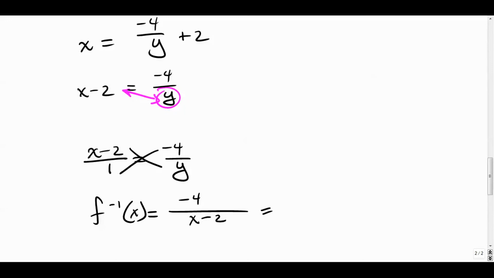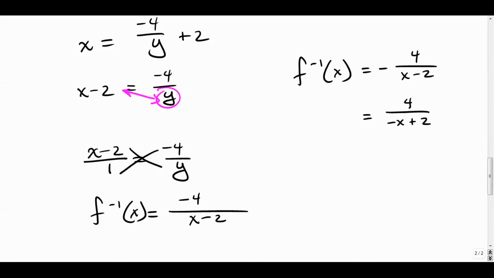Now if you're doing this exercise in a textbook or something, you might see that written as negative and then this, or you might see it written as positive 4 over negative x plus 2, where that negative goes into the denominator.